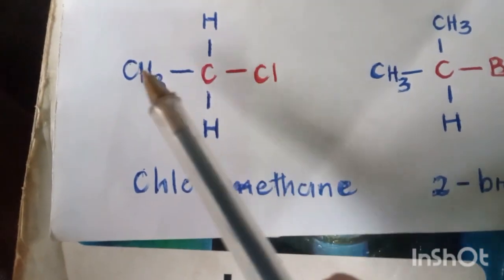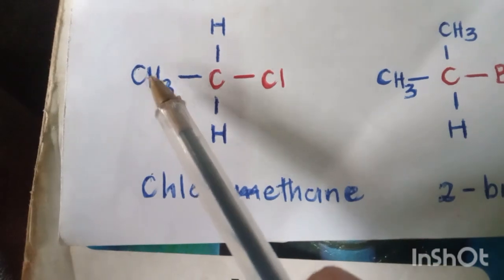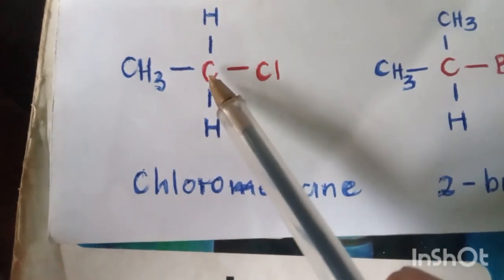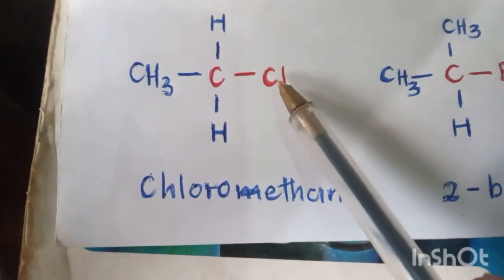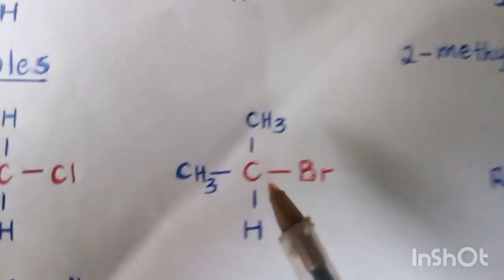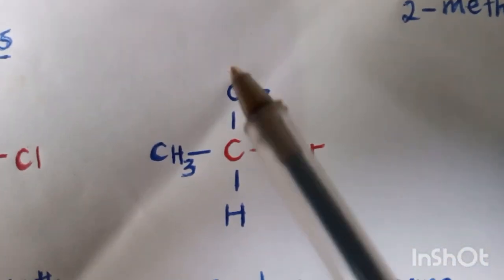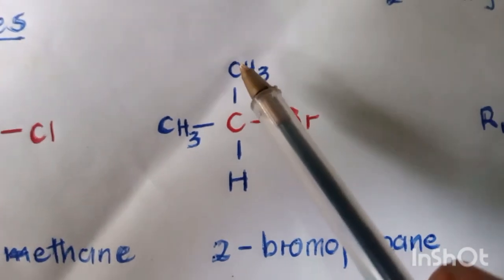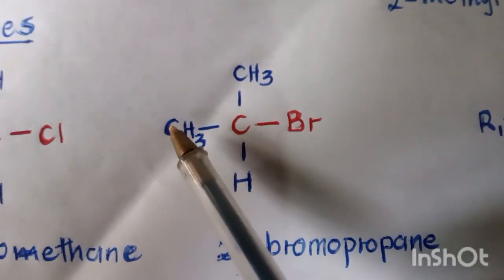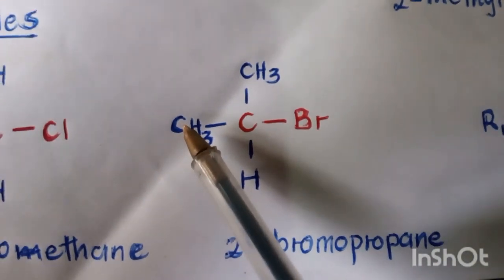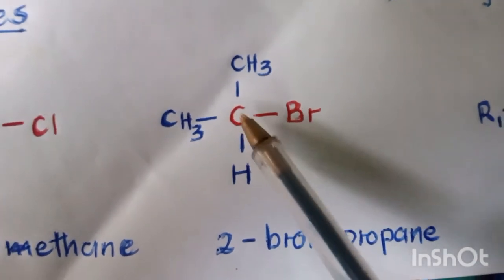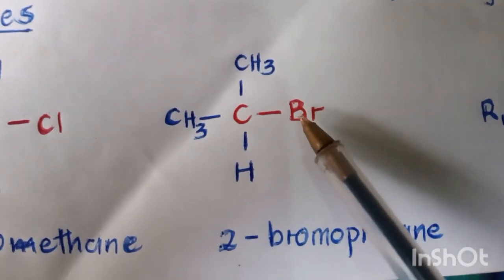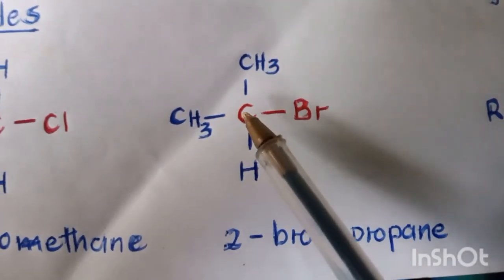You see, there's only one alkyl group bonded to the carbon atom that is bonded to a halogen atom. And in the other, the secondary, we have two alkyl groups. So you have one, two, three carbon atoms in that compound, and it is the middle carbon atom which is attached to a bromine. So this middle one is the second carbon.